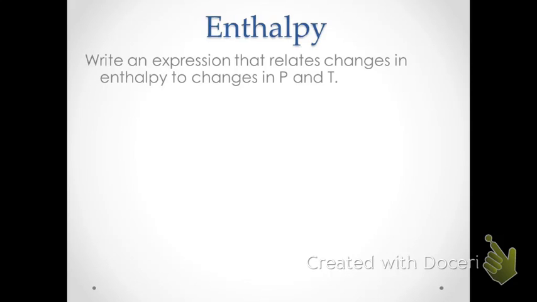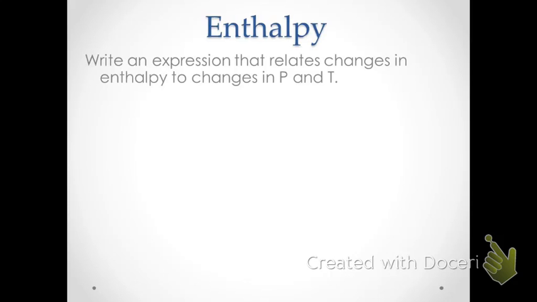Alright, so now we're going to take a look at enthalpy. We had been concentrating in the previous videos on internal energy changes, and you may recall that we expressed our fundamental equation in terms of changes in volume and changes in temperature because it was most convenient with those variables.